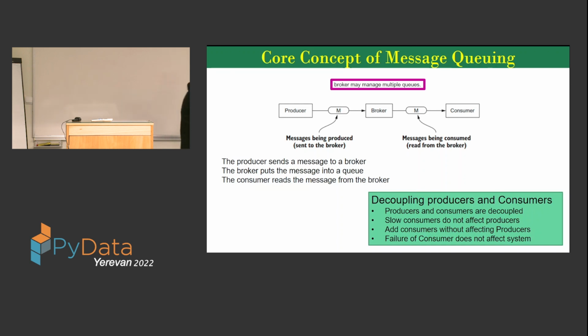And also you can change things, for example, increase consumers, increase producers, decrease producers, or make some changes on the consumer without affecting this layer. Also, if a consumer fails, because they are on different nodes all over the world, all over the country, it doesn't affect the system.